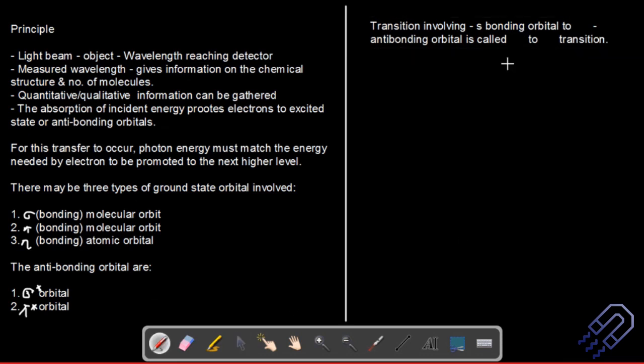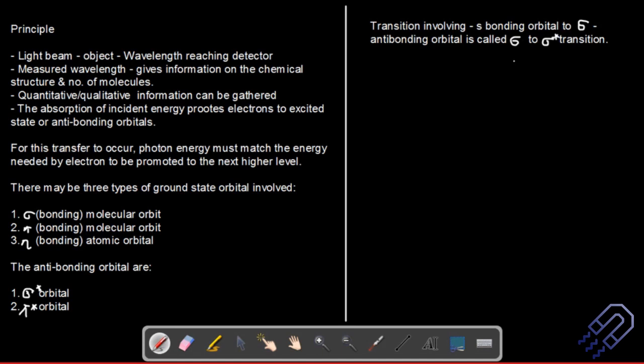Okay. So if I just complete this, I will just write it down as sigma bonding orbital. So if I write down sigma anti-bonding, it means sigma star. Okay. So that means S bonding orbital means we have got a transition from sigma to sigma star. Okay. Please don't get confused when I'm writing this, because different books use different notation, and I think we should write down all the notations possible. Okay.